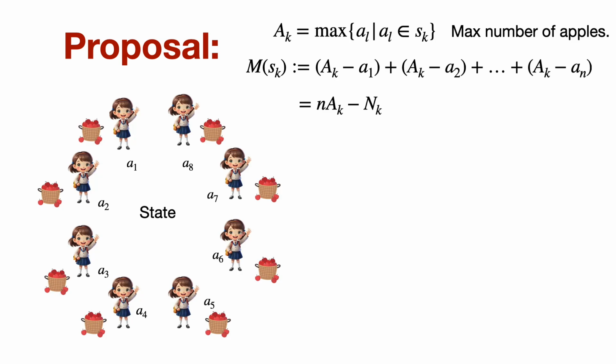In that state, let A_k be the maximum number of apples, and M(S_k) be the total apple envy. Very clearly, apple envy is non-negative, but also note that M(S_k) can be written as n times A_k minus the total number of apples. Capital N_k is the total number of apples. The only thing now remaining is to show that this number reduces every round. We have already shown it's non-negative. If we show it reduces every round, we are done.